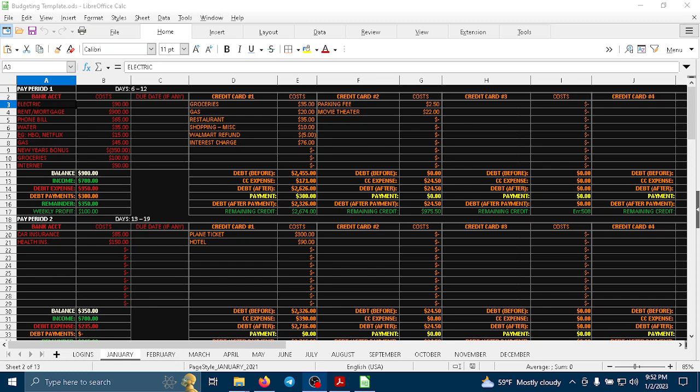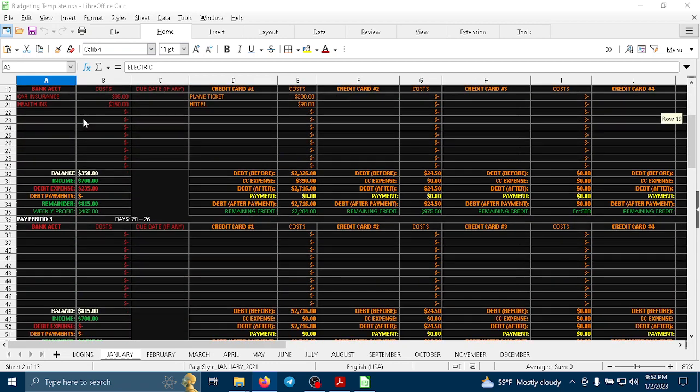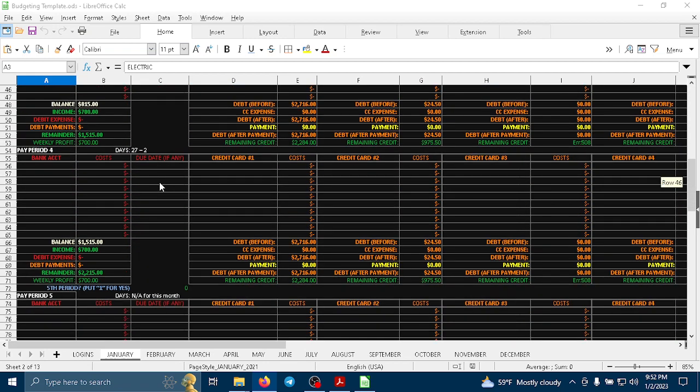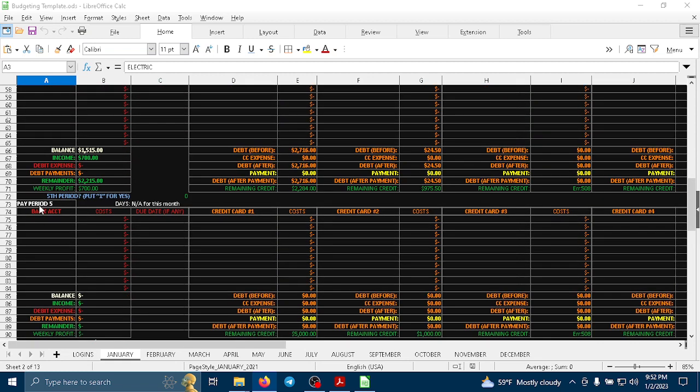The third FAQ is, why is there an option for a fifth pay period? Now you'll notice on this budgeting sheet, if you scroll down on January of 2023, you will see that there is an option for a fifth pay period. You'll see a text here that says fifth pay period, question, and then you put 1 for yes.